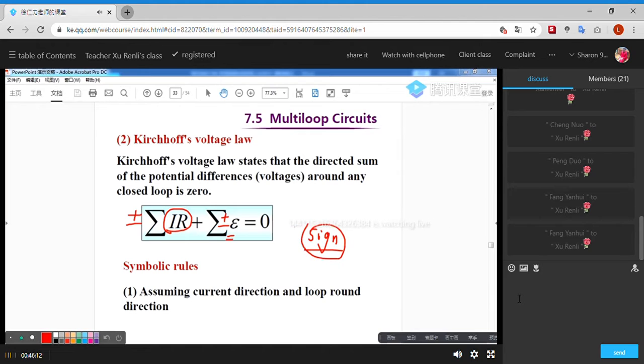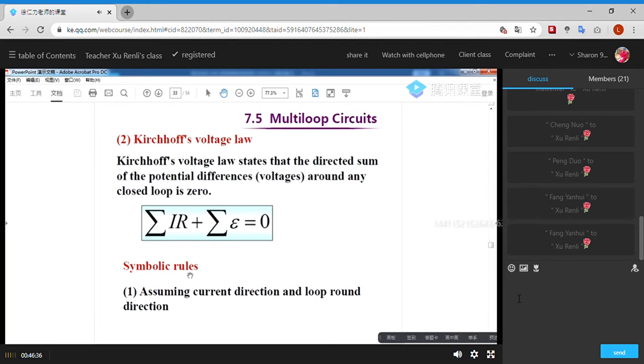So how do we decide positive or negative? We need sign rules. The sign rules are also based on the physics of the current in this circuit.